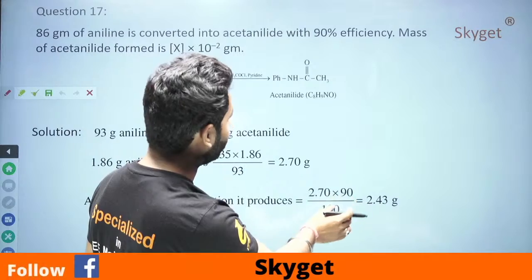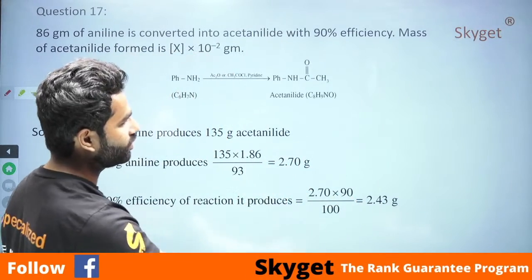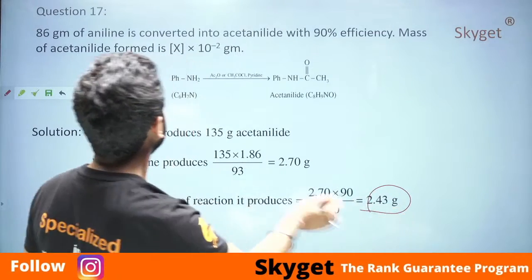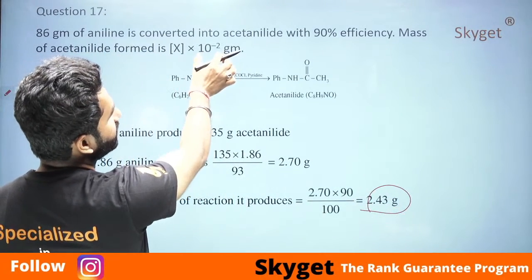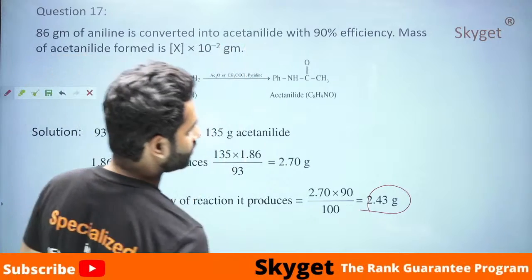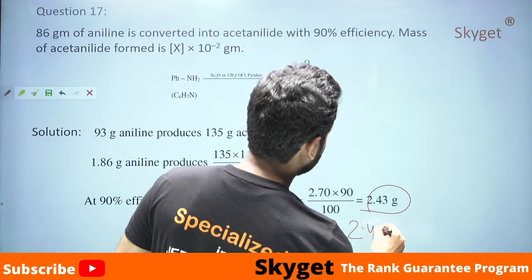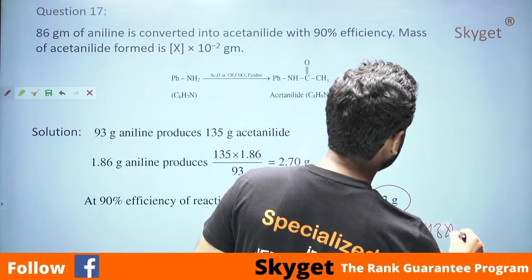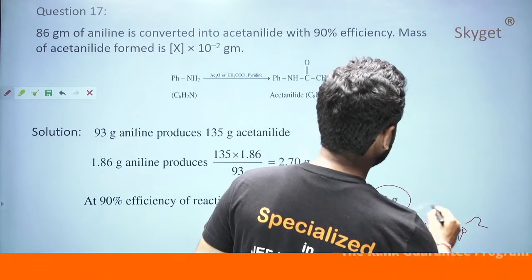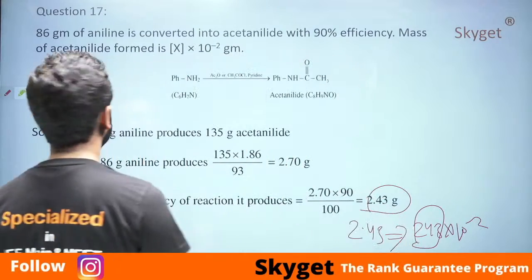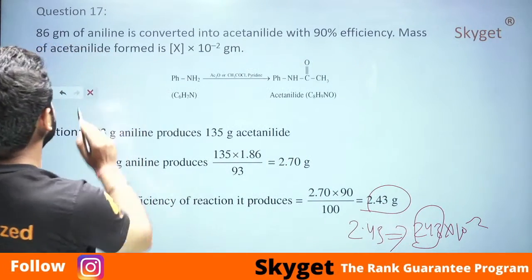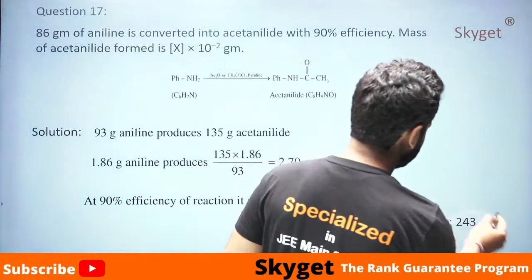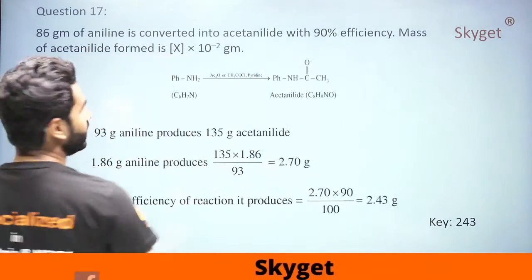Just multiply the 90 by the 2.7, you get 2.43 grams. Here it is given in the form of 10 to the power minus 2, so we can write 2.43 as 243 into 10 to the power minus 2. 243 is the right answer, as it is given here. Okay. Let's go to the next question.